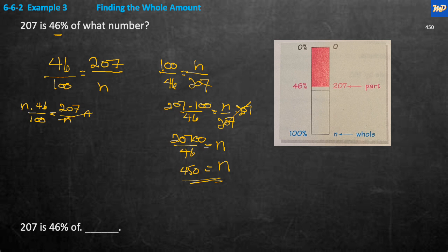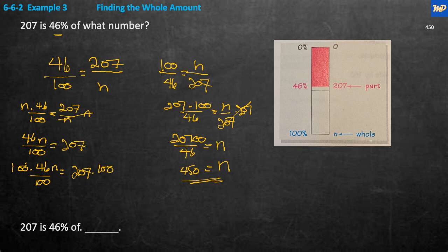So now it's 46n over 100. 46n over 100 is equal to 207. Now I'm going to multiply both sides by 100. So 100 times 46n over 100 is equal to 207 times 100.